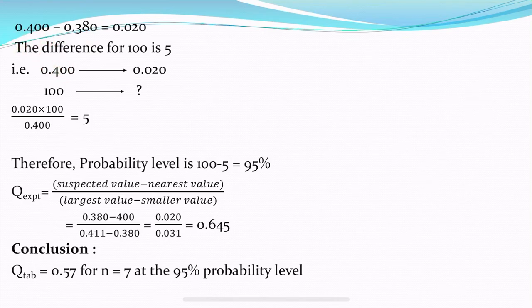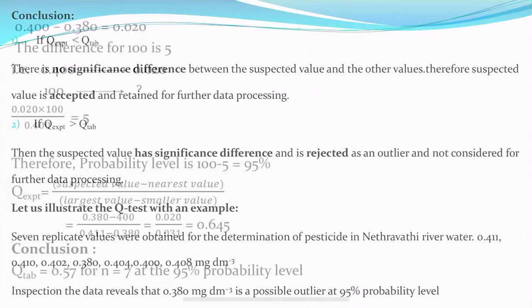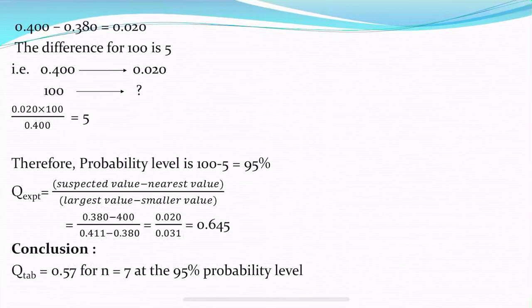That is why I have taken 0.400 divided by the largest value. You have to observe in the example which is the largest value. The largest value is 0.411, and then I calculate with the smallest value, and 0.645 is the value which I have got.